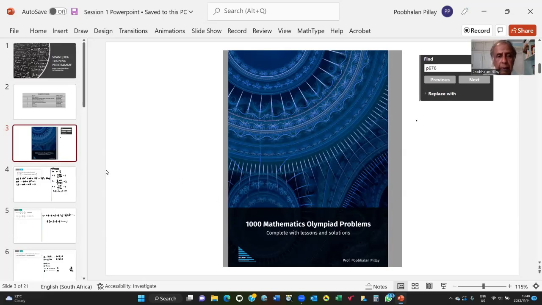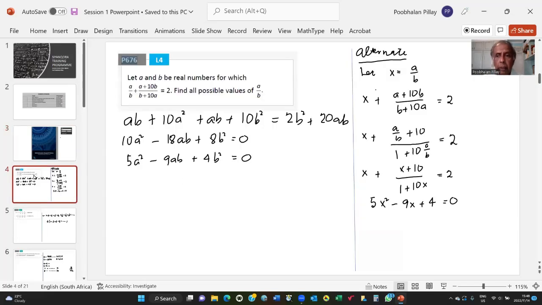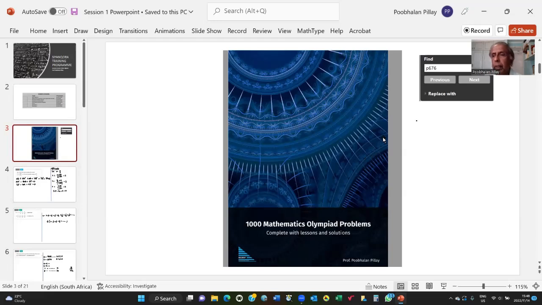Right, so to give an example, the very first problem that we will be doing, even before that, you will see here on this top right-hand corner a little box. This box was obtained by my trying to find out where the problem whose number is 676 appears in the book.